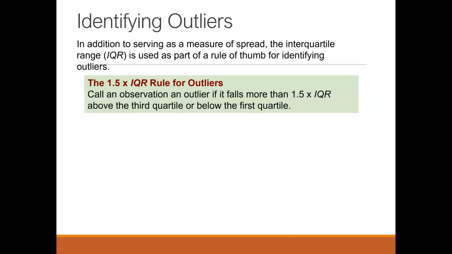That is something that you'll need to remember. So 1.5 times the IQR above Q3 or below Q1 will indicate an outlier.